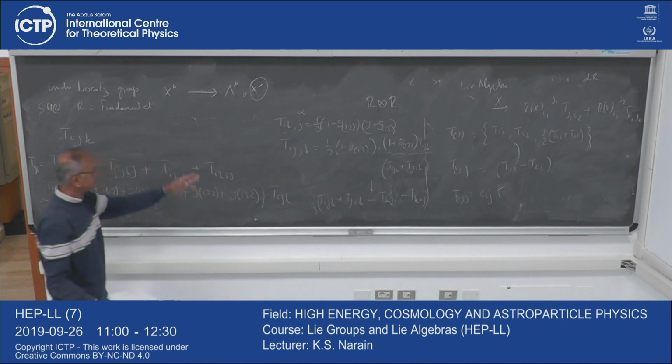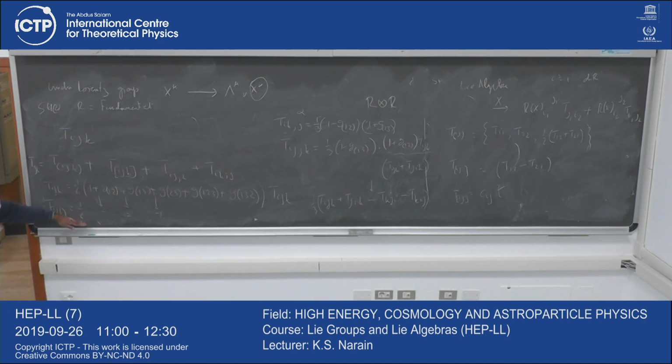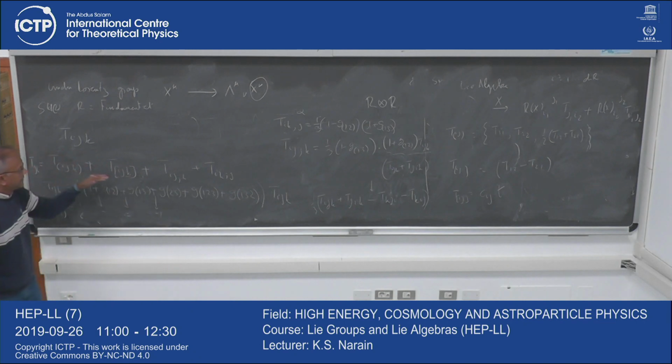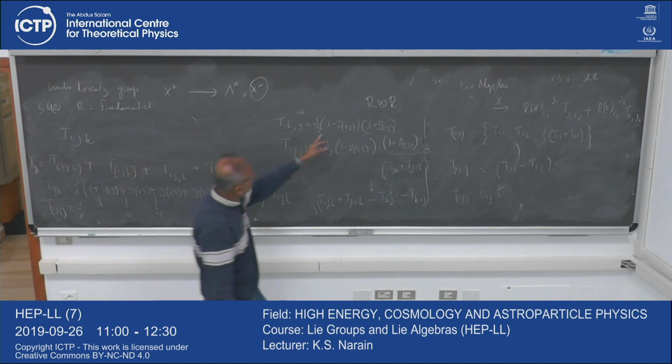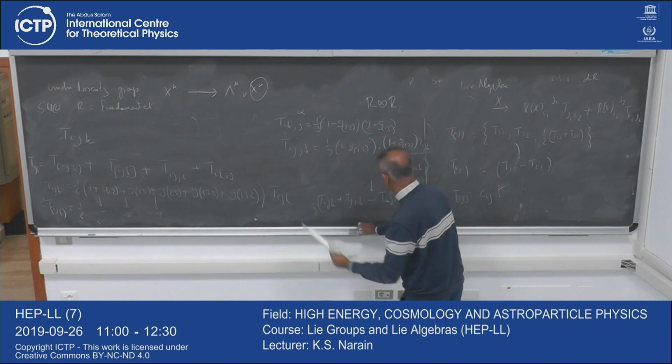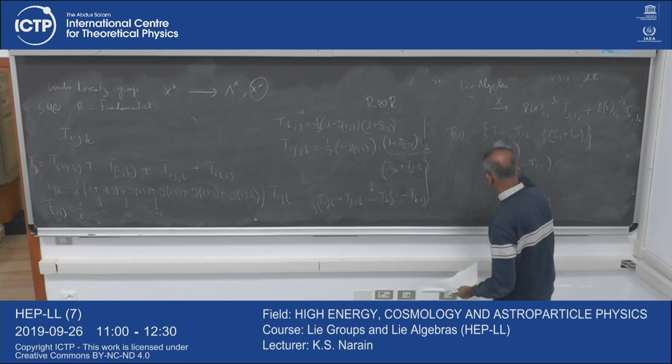So these numbers are fixed by saying that when you add all of them, you explicitly write down all of this combination which appears here, and then you will see that everything else cancels and you just get back Tijk. So those coefficients are flexible, but it's not that important for our purposes.